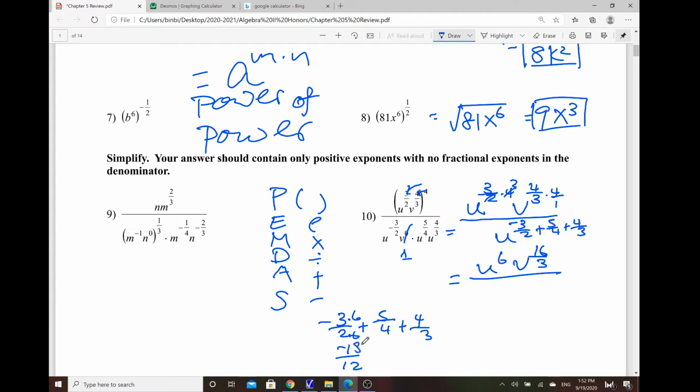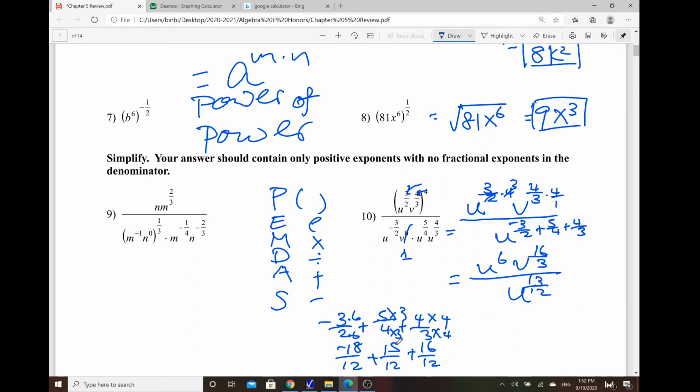So we do have negative 18 over 12. And then the second one, we multiply by 3 top and bottom. So we do have 15 over 12. And then the third fraction, 4/3, just multiply by 4 top and bottom, so we do have 16 over 12. So combine this all together, so eventually we do have positive 13 over 12. Okay, so u to the power of 13 over 12.